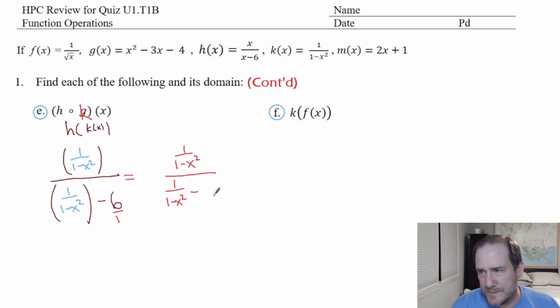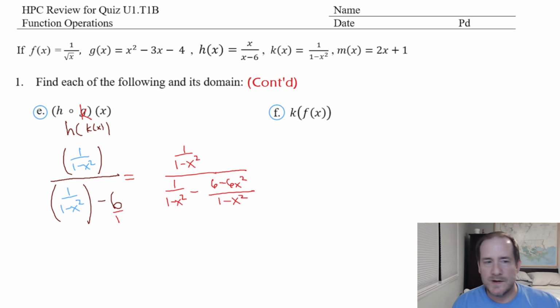So this is going to be what? 6 times 1 minus x squared. The 6 would distribute in. I would get 6 minus 6x squared. Notice that rather than distributing the negative, right now I'm just leaving this expressed as a subtraction problem. That's why I'm not distributing in the negative. We're just leaving it as subtraction for the moment.